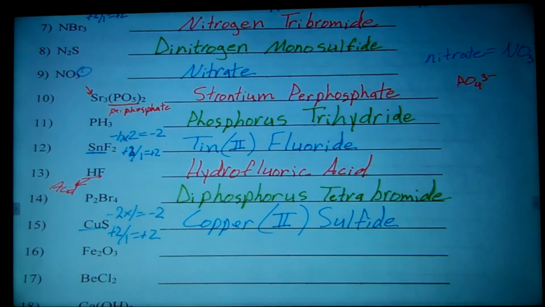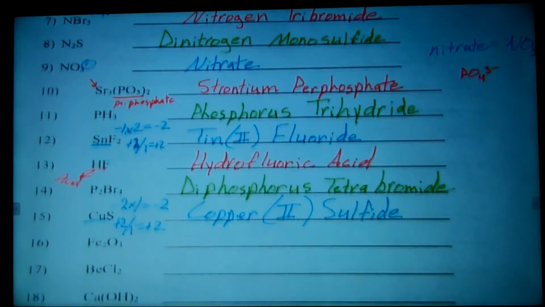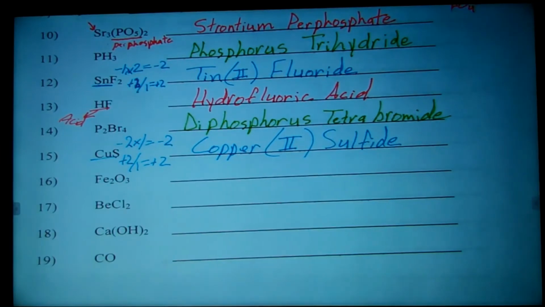Number 16 is Fe2O3. On this, please understand, remember, what's in these parentheses are the charges, not how many of them there are. So in this, we see there is no charge.